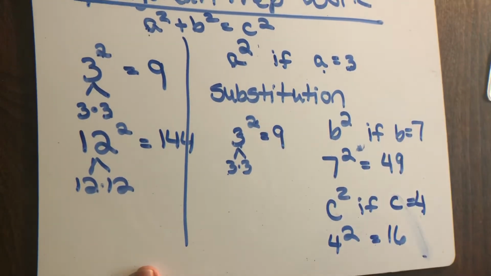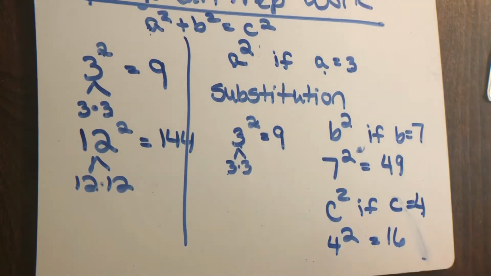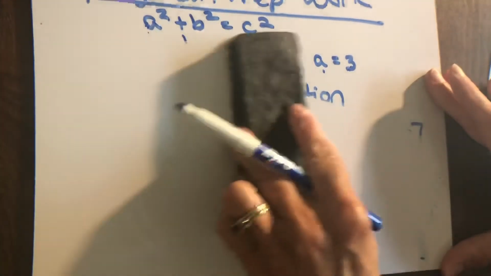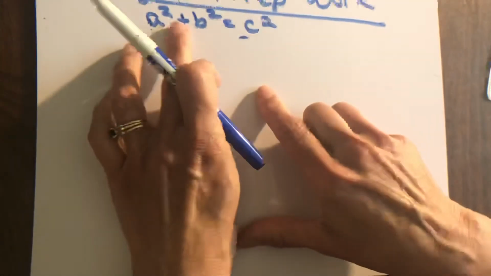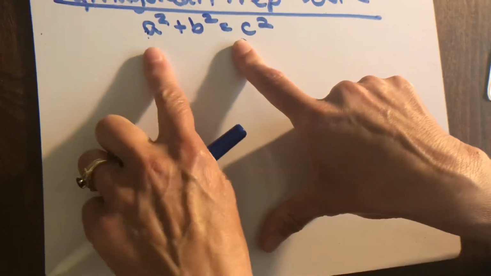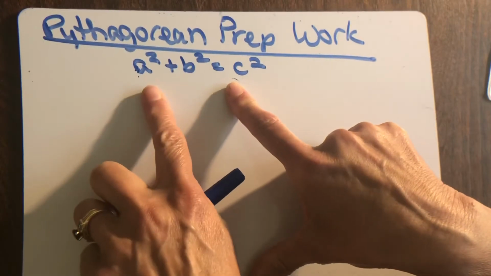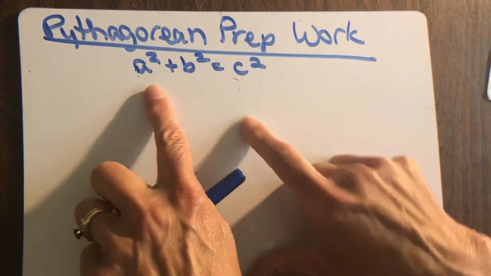Now we're not quite done, okay? So you know how to square things, and that's good, and you know how to substitute things, that's good. Let's just erase that and continue with our prep work. Now, as we work through this formula, we're going to have to be able to use our algebra.